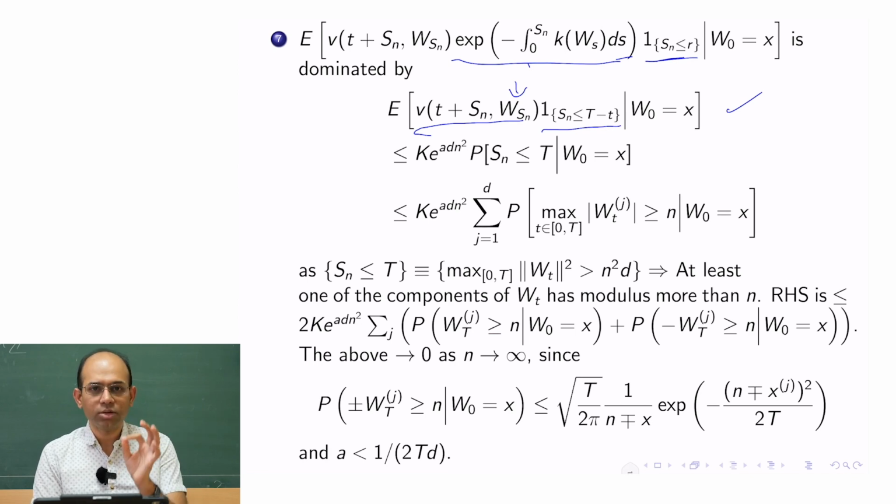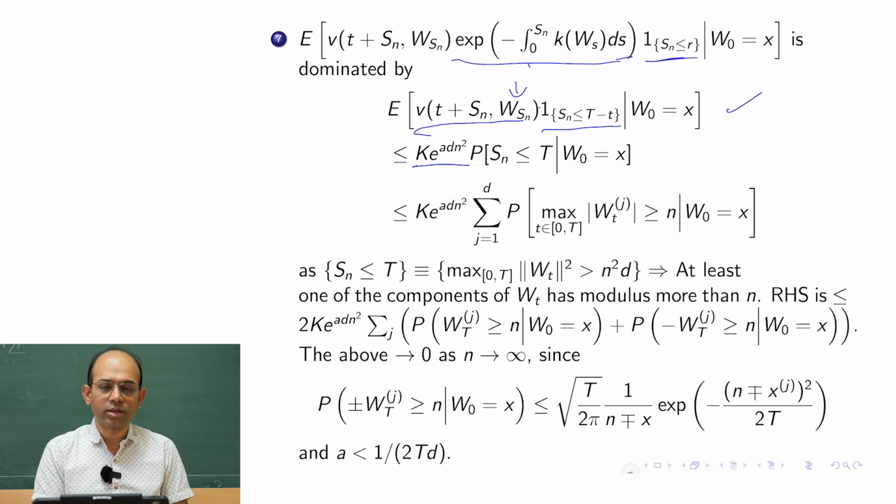The position of the Brownian motion at time Sn. At Sn, Brownian motion lies on the surface of the ball, on the sphere of radius n times square root of d. So the square of that would be n squared times d. So we get k times e to the power of a d n squared to estimate that v function.